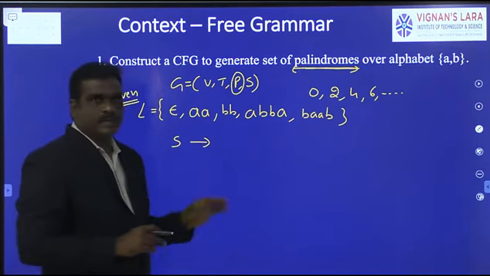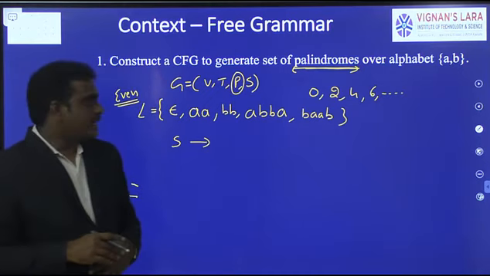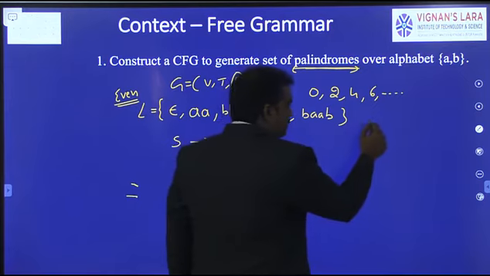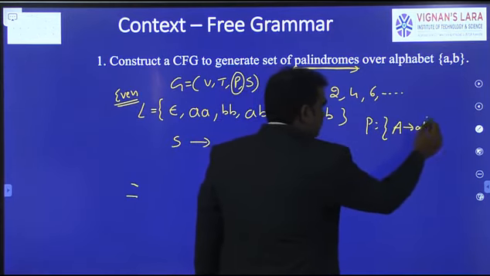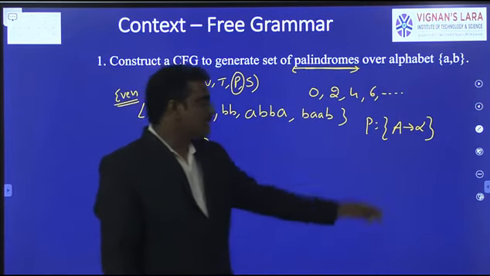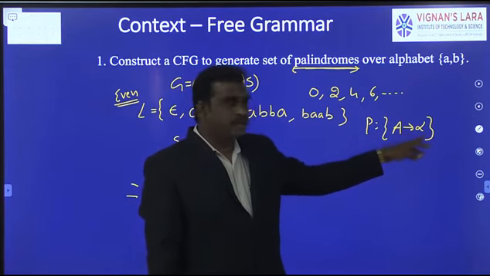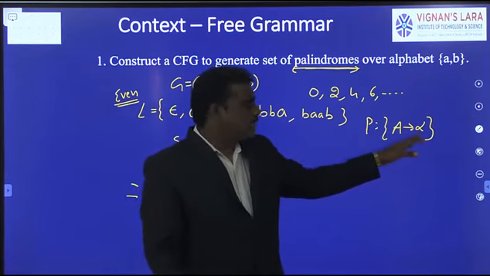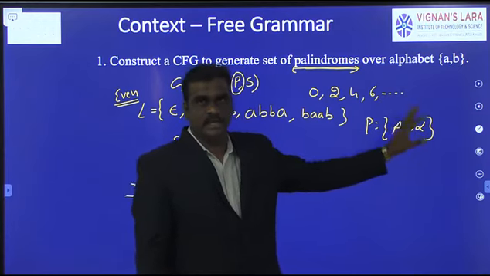In a context-free grammar there are no restrictions on the right side. How to define the production rules? It is of the form A to alpha. That means the production's left hand side is a single non-terminal symbol, and the right hand side is alpha. Alpha means any possible combination of variables and terminals, with no restriction.